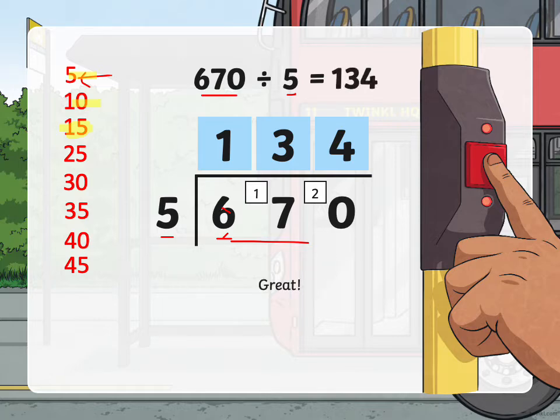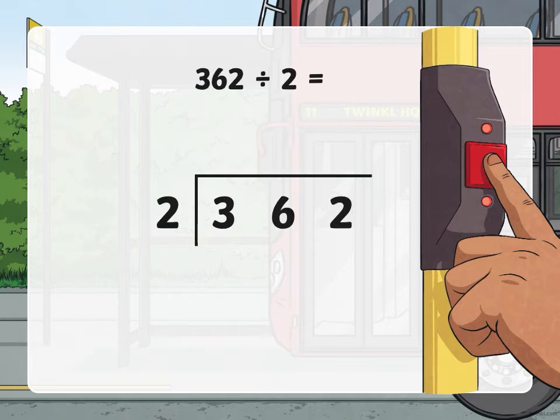Okay, let's see another example. Now, there is the dividend and there is the divisor, and we start from the left. 3 divided by 2 is, let's write down table 2.